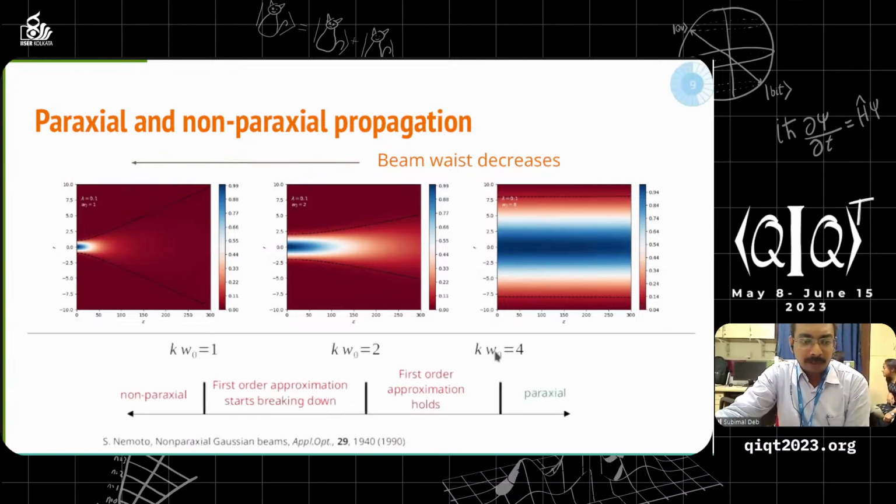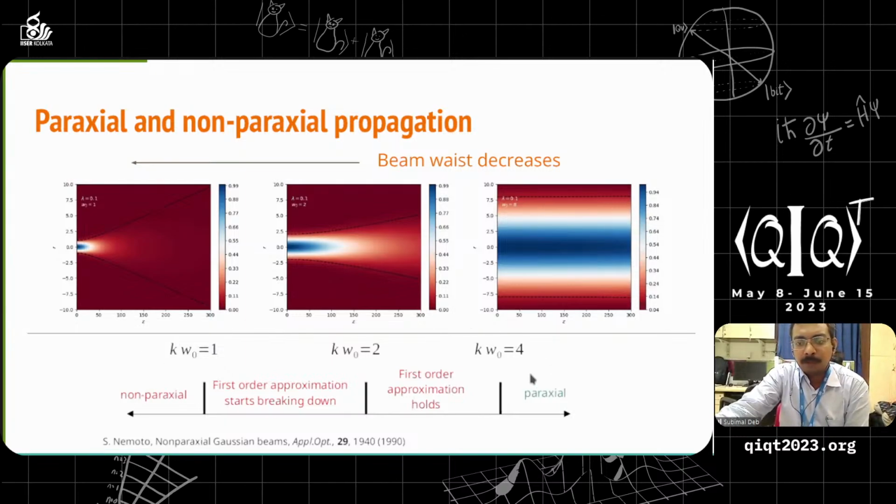This was quantitatively studied by Nemoto in 1990, and he quantified a beam to be paraxial or non-paraxial depending on the beam waist.